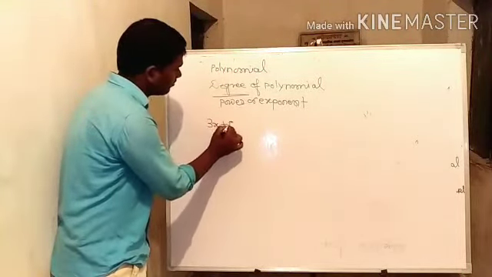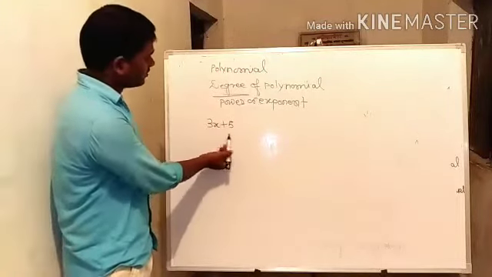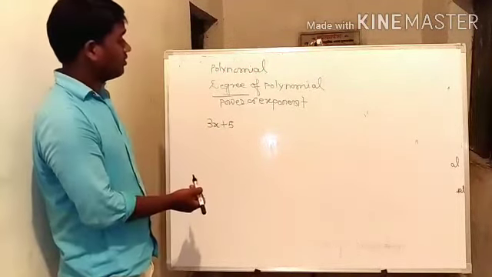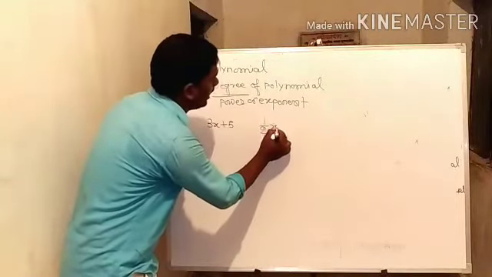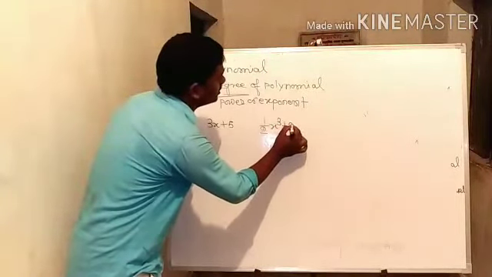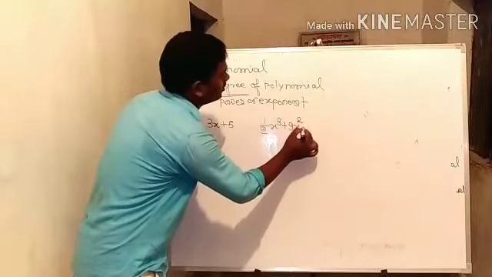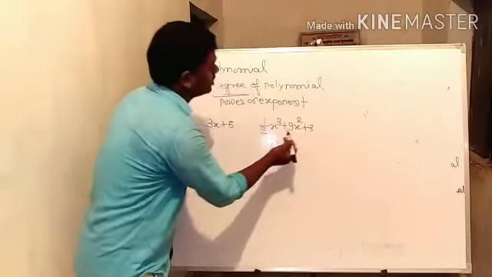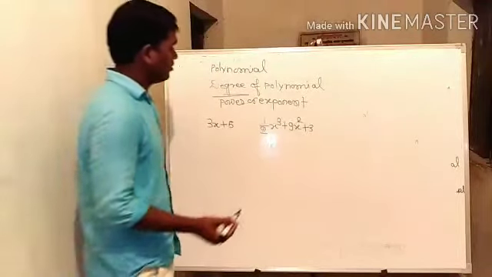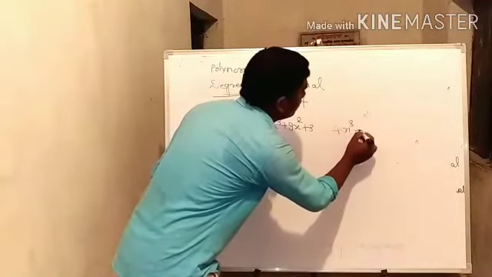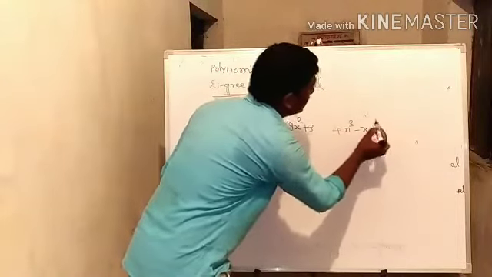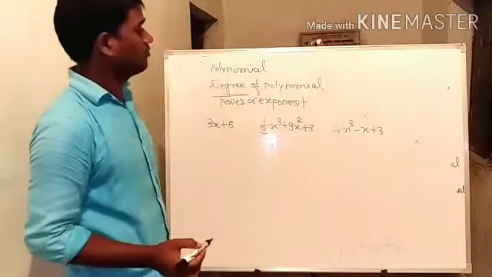3x plus 5 is a polynomial. 1 upon 2 x cube plus 9x square plus 3 is also an example of polynomial. 4x cube minus x plus 3 is an example of polynomials.